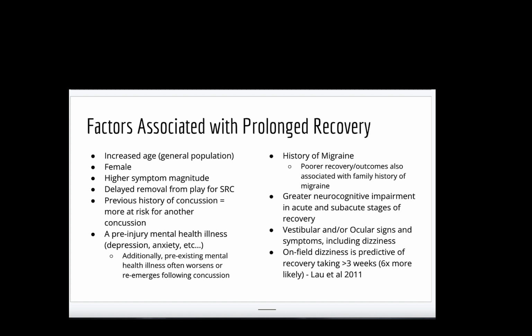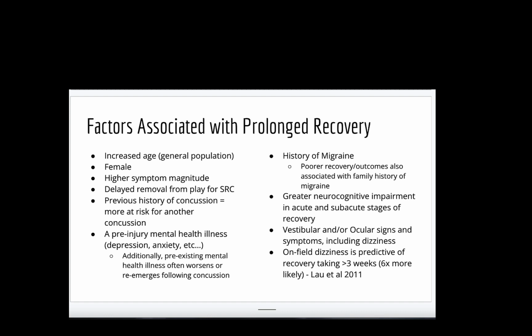Okay. Female gender, more associated with prolonged recovery. Some of these are pretty straightforward, right? The higher the symptom magnitude, the more likely my recovery is going to be prolonged. Here's a big one for sport-related concussion, delayed removal. Allowing that athlete to continue playing even though they have signs and symptoms actively of a concussion is most likely going to create a prolonged recovery for that particular person.